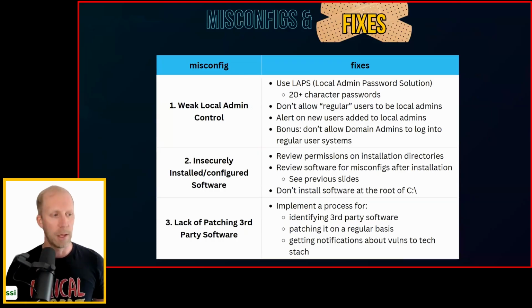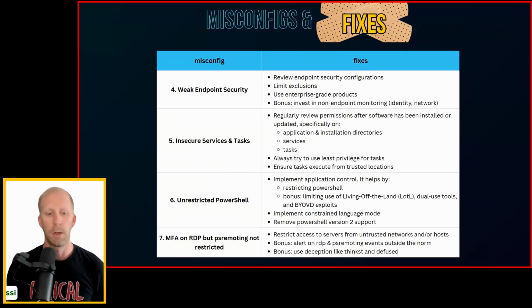If you're like me, I like just having a cheat sheet, if you will, of what are the things I've got to review in my environment and what are the fixes if I do find that thing. So on these two slides, there's a table of the misconfig and the fix that you can use in your environment.